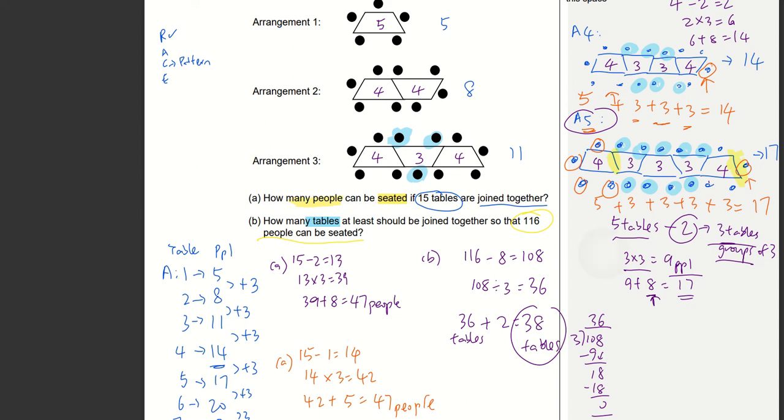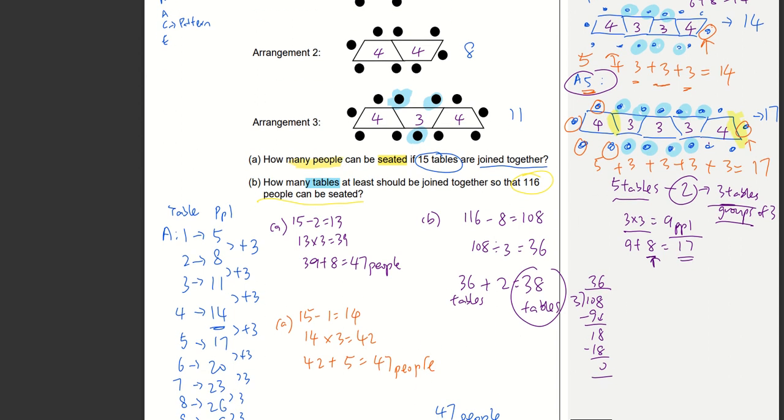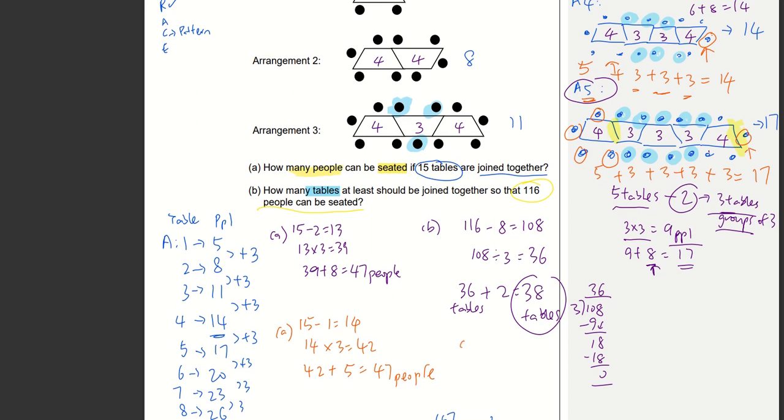If I use the same idea to continue with B, so I have 116 people minus the first table, I have 111. Okay, divide by the groups of 3. So I will have 37 groups of 3 plus the first table.